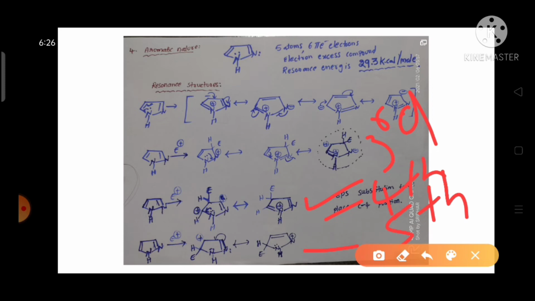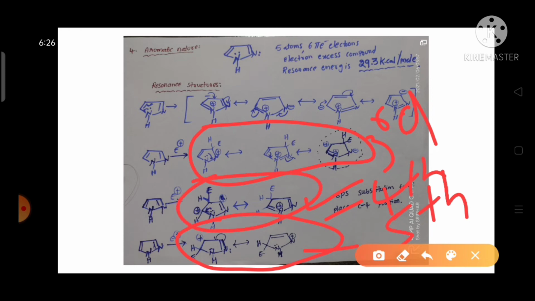So look here, in these structures we can observe that two nitrogen atoms get the positive charge, and here also we get the positive charge on the nitrogen atoms, whereas here positive charge is present on only one nitrogen atom, and the positive charge is borne by the carbon.